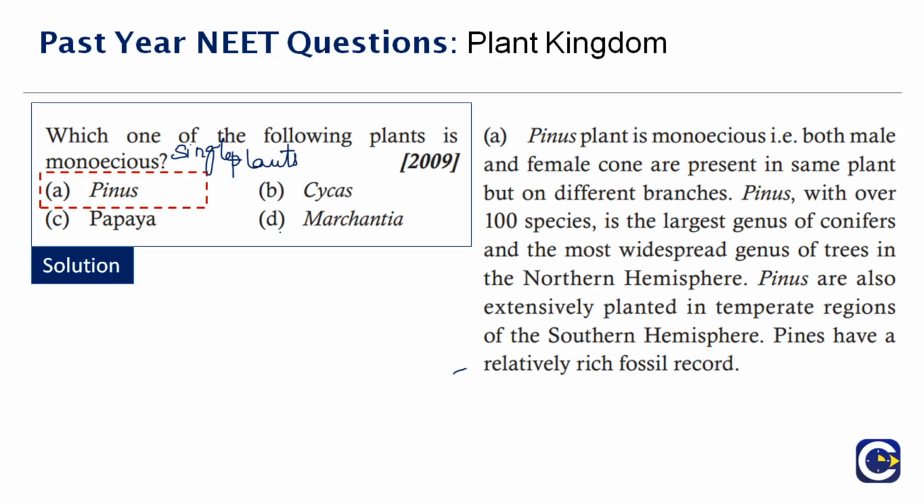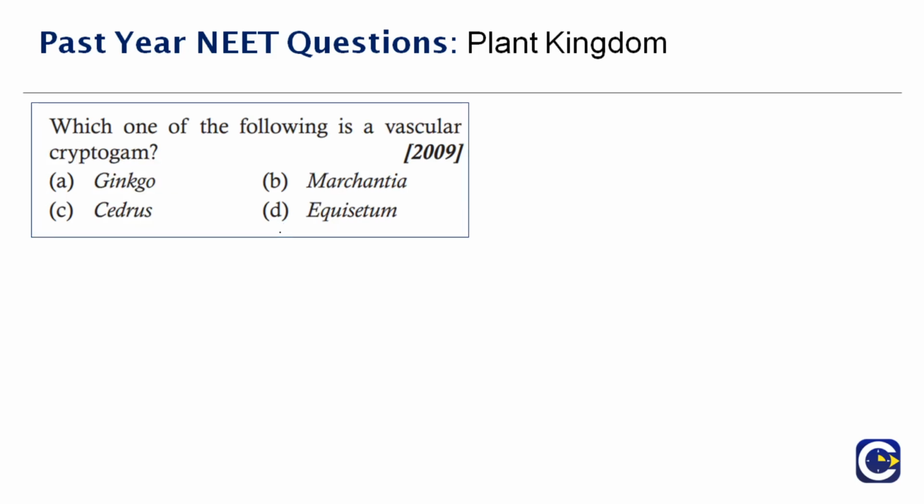Now let's move to the next question. This question was asked in the year 2009. Which one of the following is a vascular cryptogam? I think we've already discussed what a cryptogam is in the earlier parts. They are plants which reproduce by spores and do not produce any seeds.